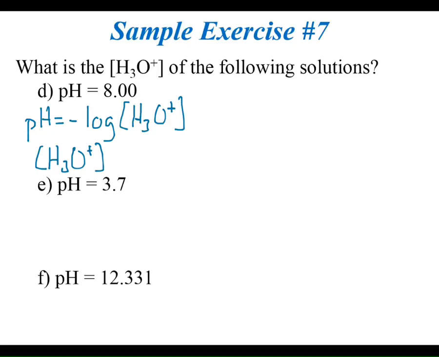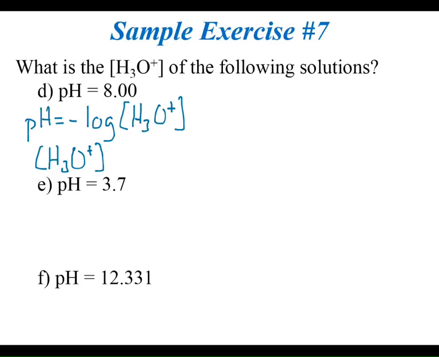And if you look above your log key on your calculator, it probably looks like 10 to the x. Because I told you, what does the log do? Well, the log goes in there and actually removes the 10 to the. So the anti-log puts back the 10 to the. So the anti-log giveth, and the log taketh away the 10 to the. So that is why that 10 to the is not an exponent key. Should be having an EE, right?